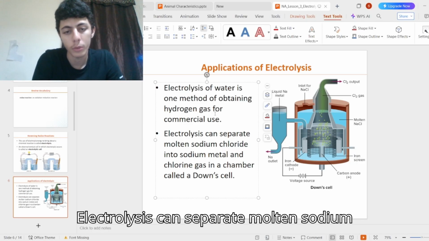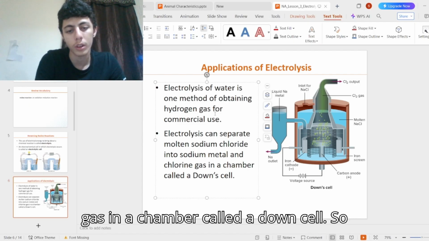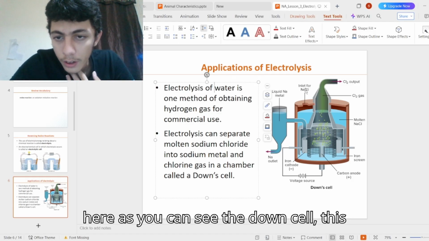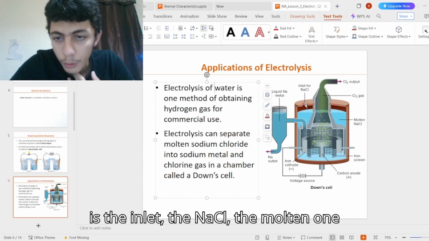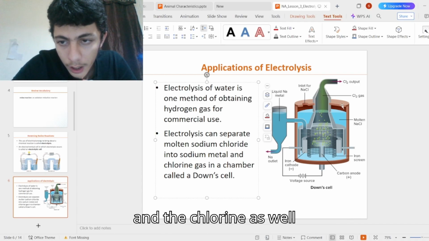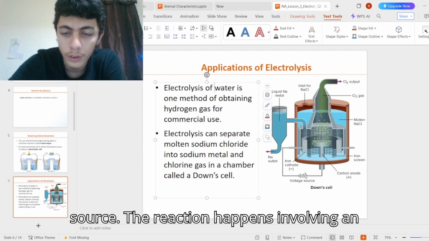Electrolysis can separate molten sodium chloride into sodium metal and chlorine gas in a chamber called a Downs cell. So here, as you can see in the Downs cell, this is the inlet where the molten NaCl goes in, and they go through using the voltage source.